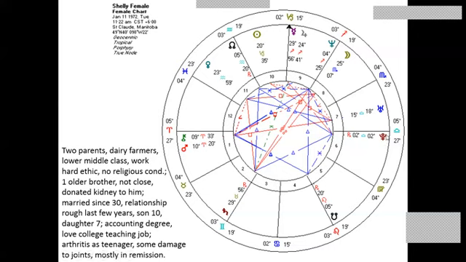If we start with Pluto and go all the way around the circle to the North Node, its angle with Pluto is 222 degrees, 27 minutes.